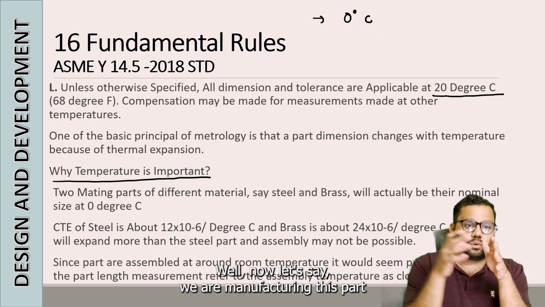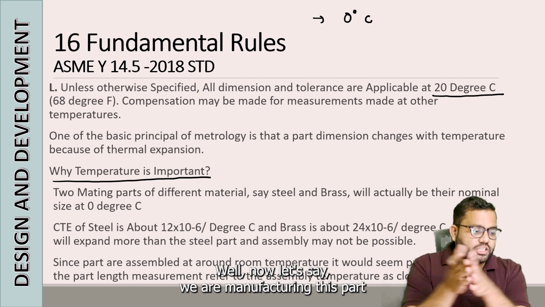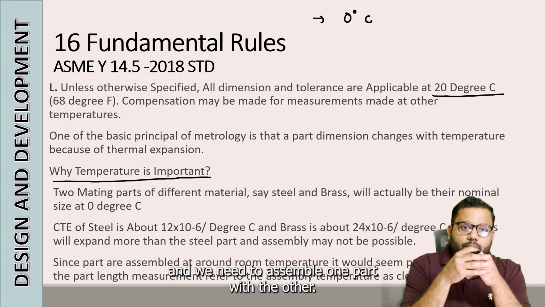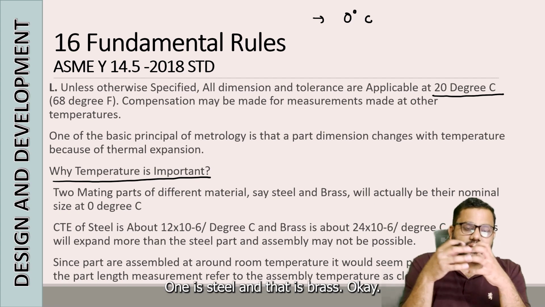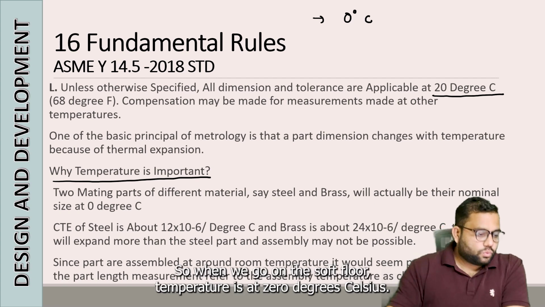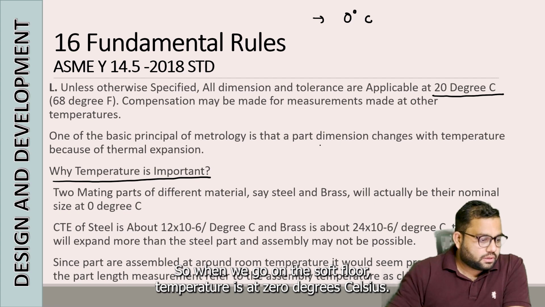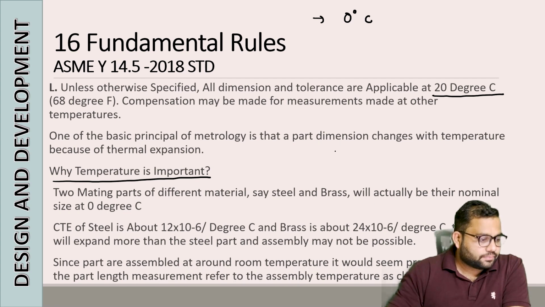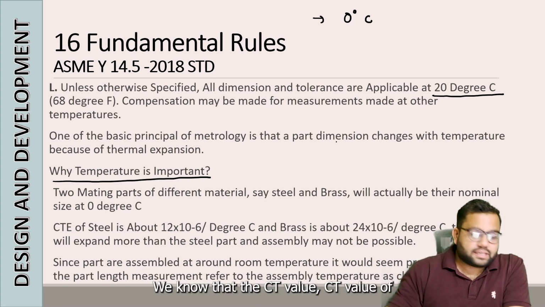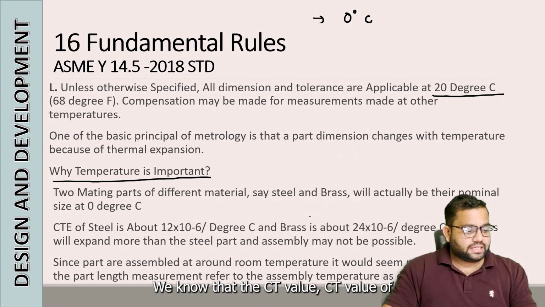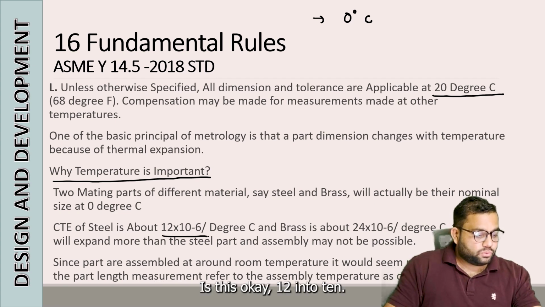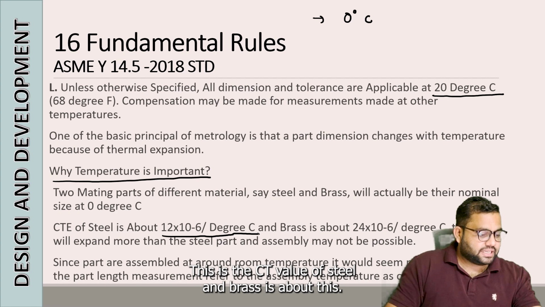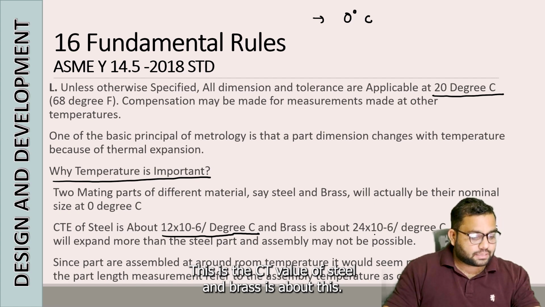Now we are manufacturing this part and need to assemble one part with the other, and the material is different, one steel and the other brass. When the shop floor temperature is 0 degrees Celsius, at that time we have manufactured the part. We know the CTE value of steel is about 12 into 10 to the power minus 6, and brass is about this.